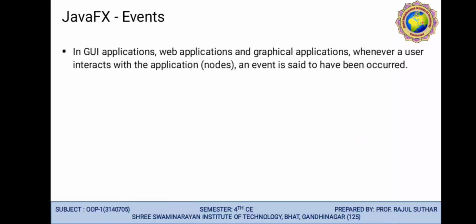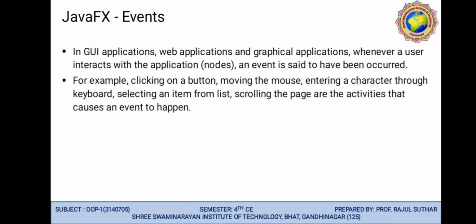So whenever a user interacts with the application, that is called an event. For example, clicking a button, moving the mouse, entering characters through the keyboard, selecting an item from a list, scrolling the page, those are activities. All activities that cause an event to happen are called events.